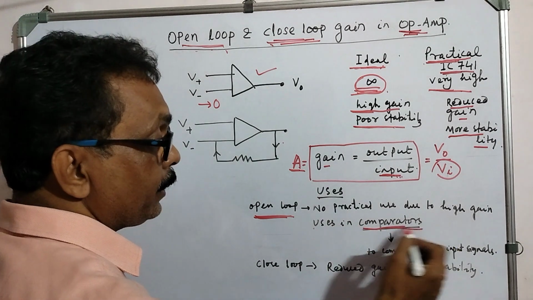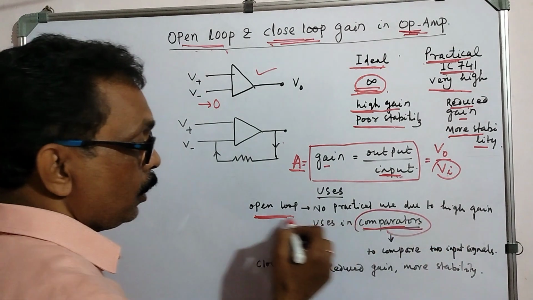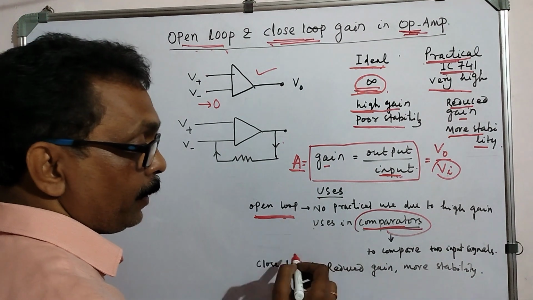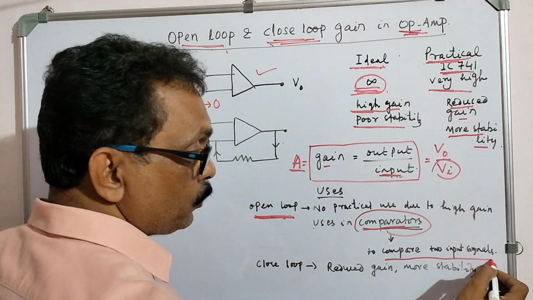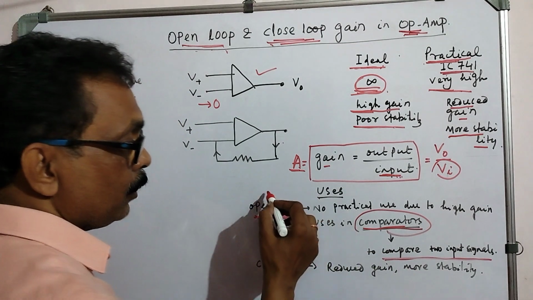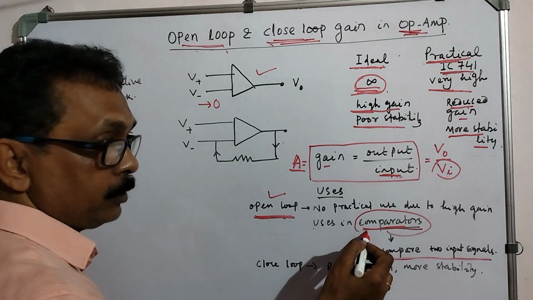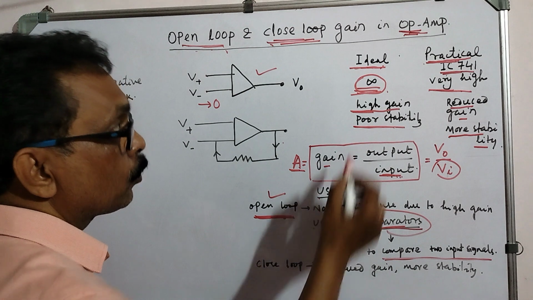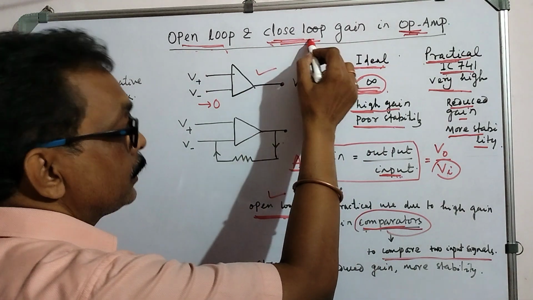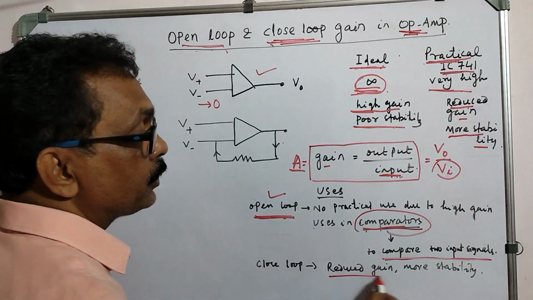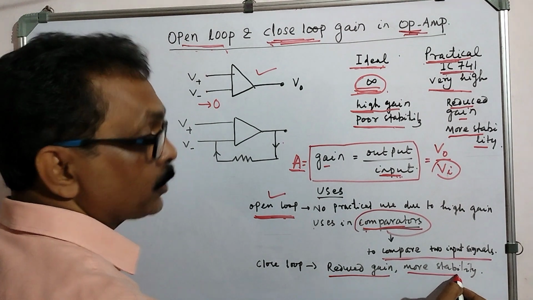In comparators, we basically use an operational amplifier because we compare two input signals. That is why the open loop operational amplifier is used in comparators. But closed loop operational amplifiers are practically used due to their reduced gain and greater stability.